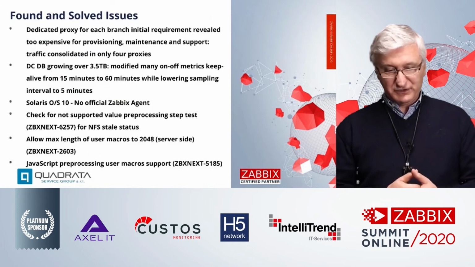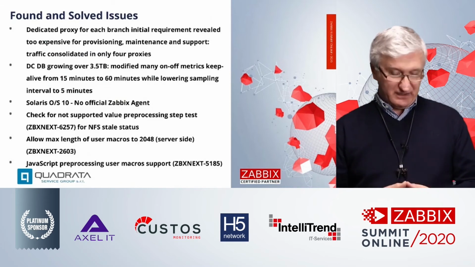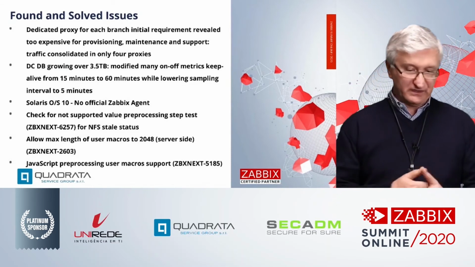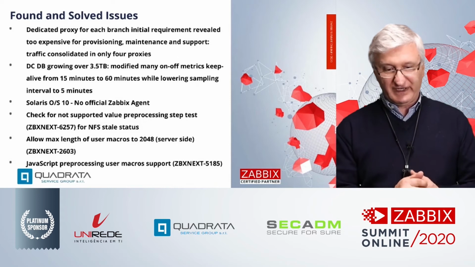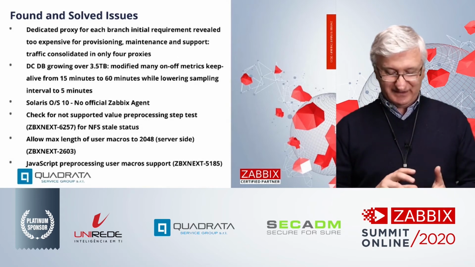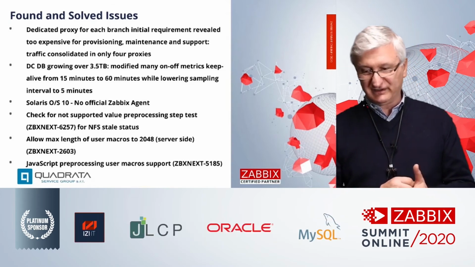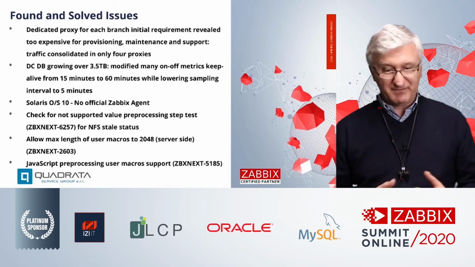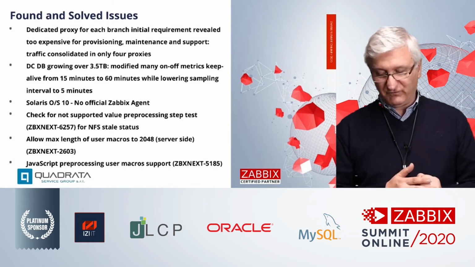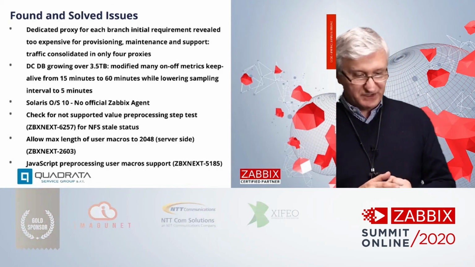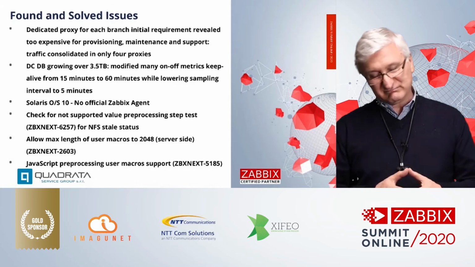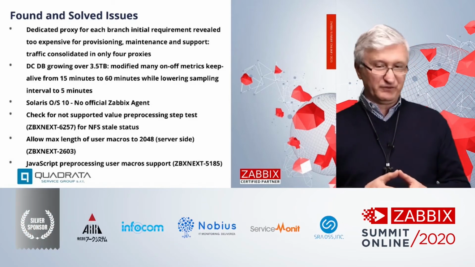During the implementation, we found and solved many issues. Not big issues, but, of course, in each project of this size, there is something that does not evolve according to the initial schema. For instance, as I told before, we forecasted one proxy for each branch, but 1,500 proxies is a little expensive, even for a bank.